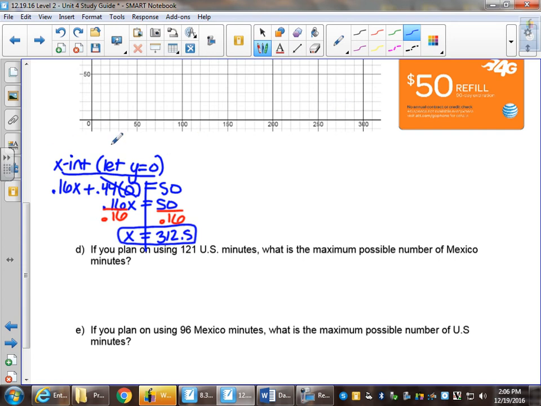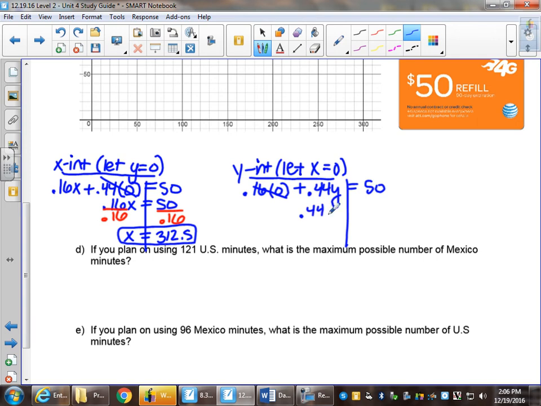So here, let's find both and then we'll graph them. Y-intercepts. Let x equal 0. Use this as a set of directions. So 0.16 times 0 plus 0.44y equals 50. That's gone.